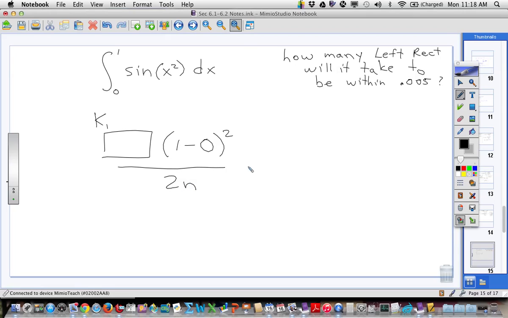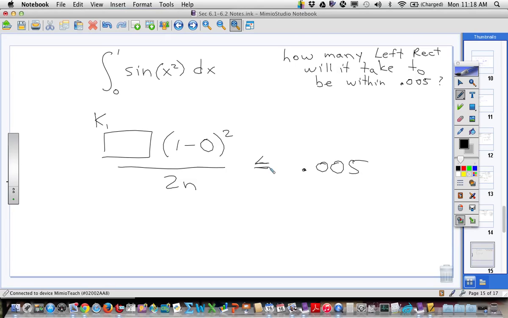So we're trying to find n. How many lefts do I need so that I get a max error of 0.005? Now, actually, I want the error to be that or less, right? I want that to be my max error, so the error could be less. So I probably should put a less than or equal to. So basically, I have to solve this equation.